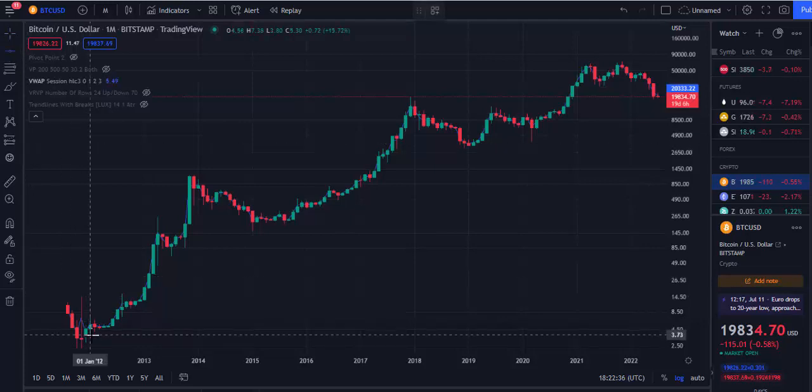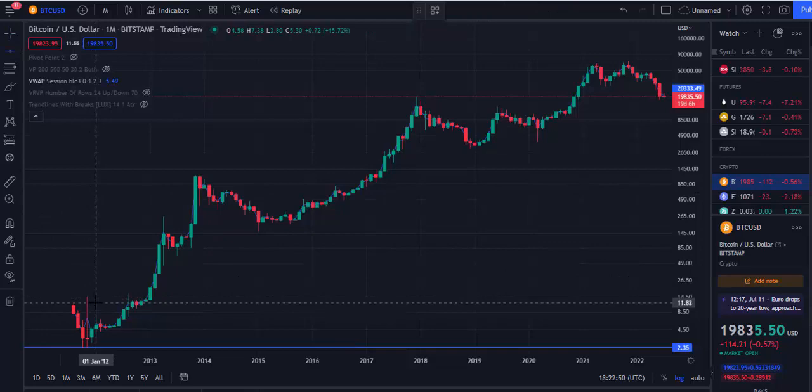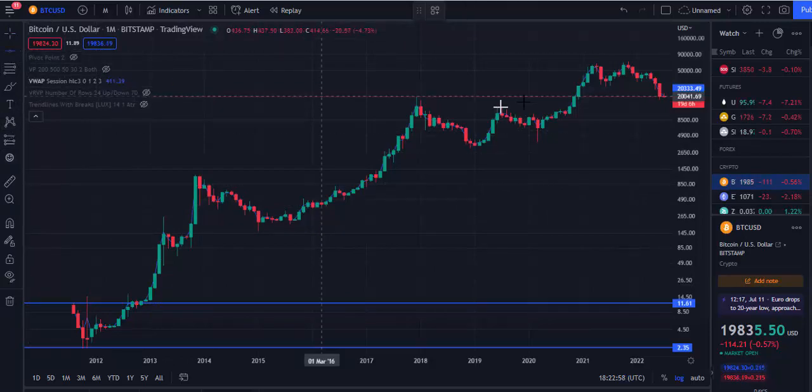So here we have this will be 2.3 here. Then we'll also be putting another one here, this all-time high, which is 11. We'll also be putting on another one, the latest all-time high, which is around 66,000.